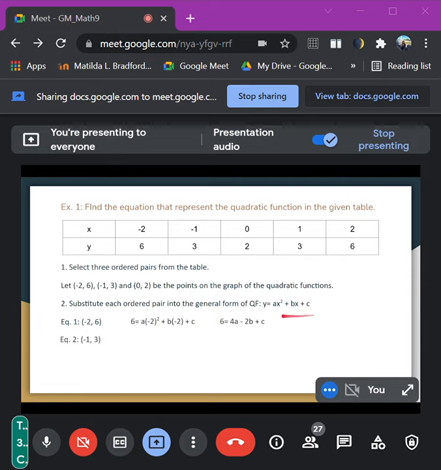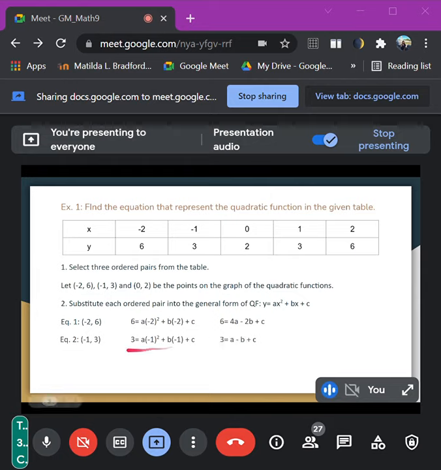You have y, that is 3, equals a, and then x squared. Our x is negative 1, so negative 1 squared, plus b, and then your x is negative 1 again, and then plus c.